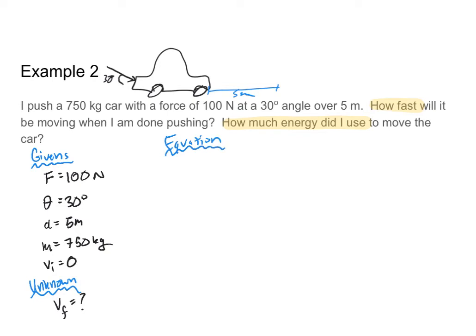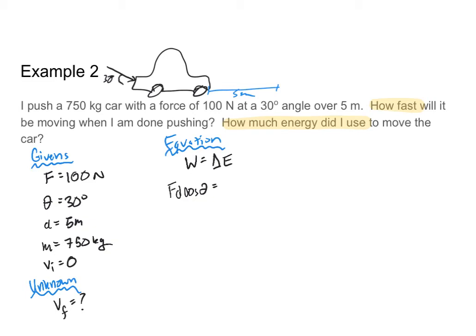And what I'm going to want to do is again expand out my equation. Because I'm applying a force at an angle, I know that my work is equal to FD times the cosine of theta.